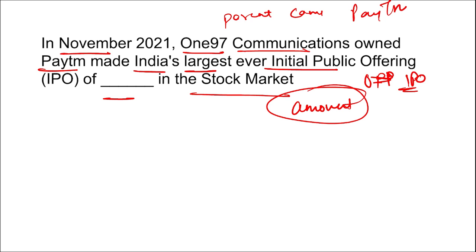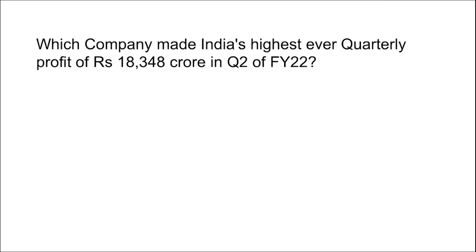I repeat, One97 Communications that owns Paytm has made India's largest ever IPO offering of how much amount? They have raised an amount of 18,300 crore rupees in the stock market. Highly important question.